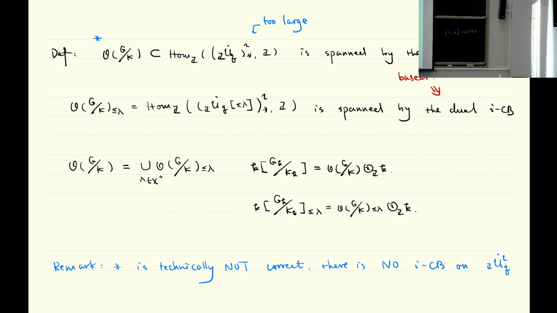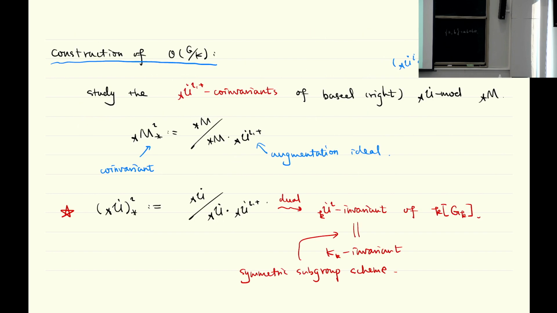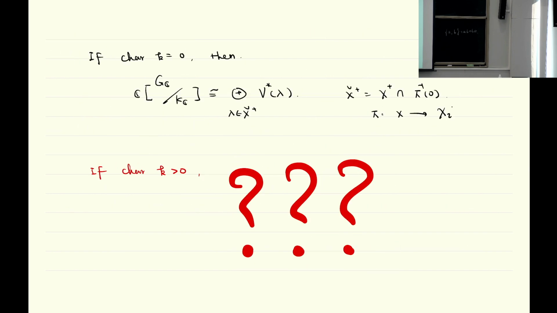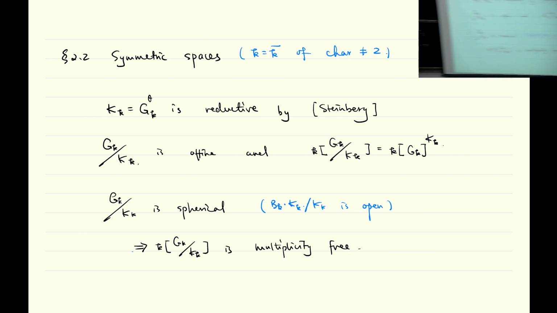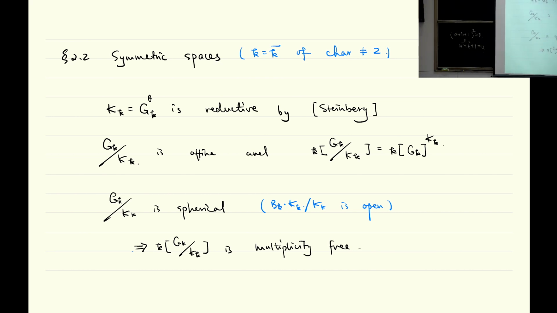Yes, you can embed it in O of G. These are the K-invariant functions. And it's not compatible. It's different. This is basically a dual canonical basis, but it's not going to be the canonical basis. It's different. My student did some computation in low rank, and there are some interesting cluster algebras on this. We don't fully understand it yet.